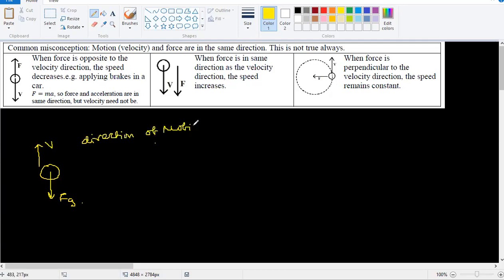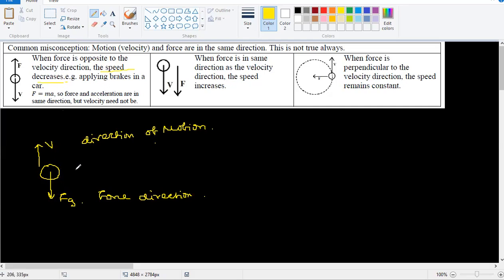It's nothing but your velocity direction. This is your force direction. So when the direction of motion is going upwards, whereas the gravity is pulling it downwards, what happens to the velocity? The velocity actually decreases. The speed decreases. So whenever the direction of motion and the force direction are opposite, the speed decreases.